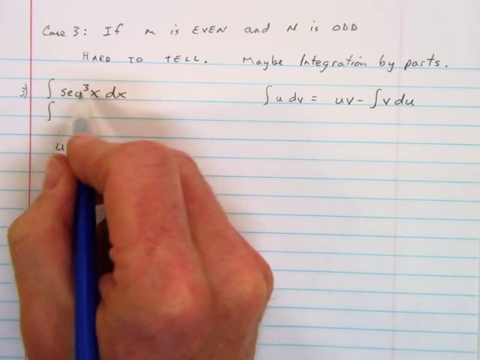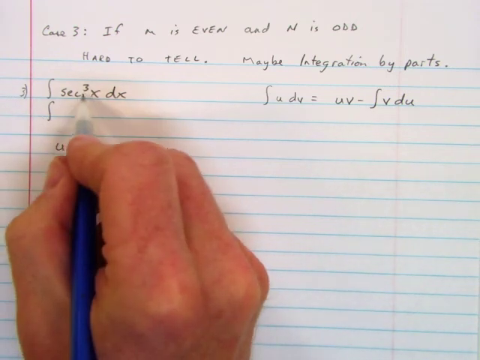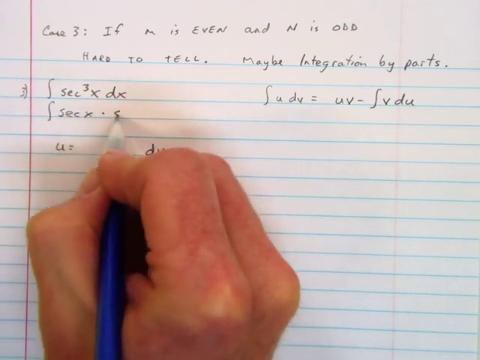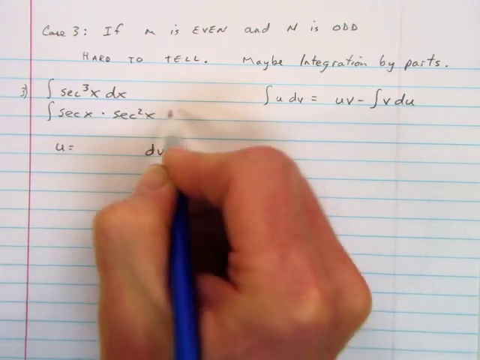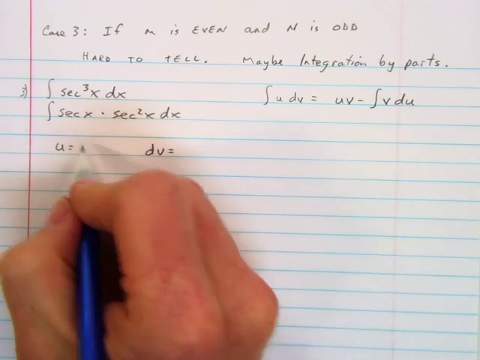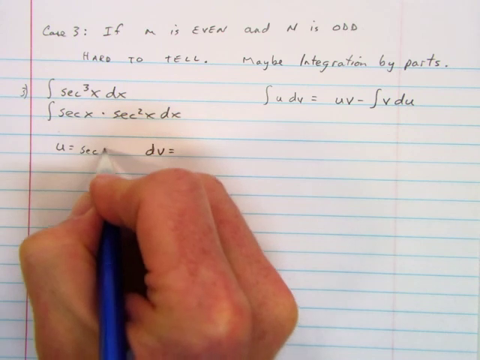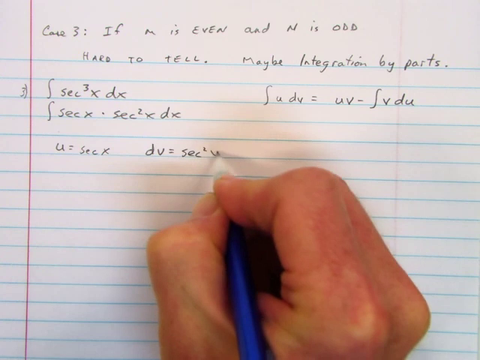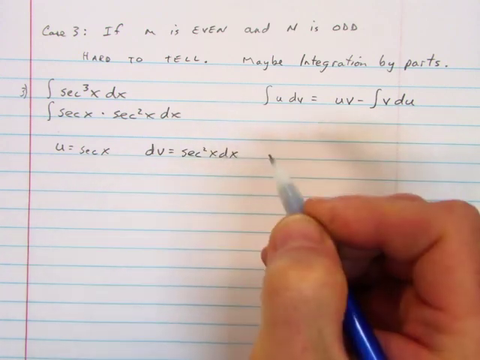Well, this one's not too bad as far as applying this, because secant cubed can only be broken up into secant times secant squared, as long as we're looking at just two things multiplied together. So that would dictate that u is secant x and dv is secant squared x dx.